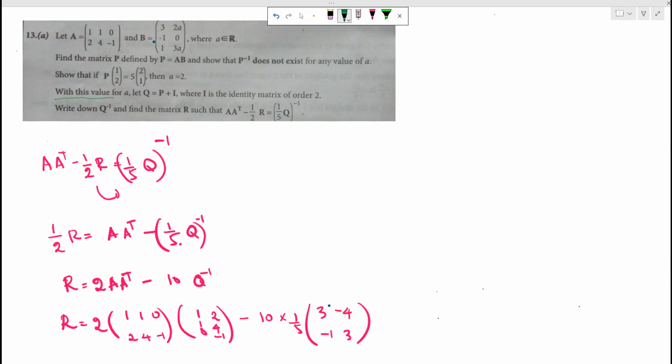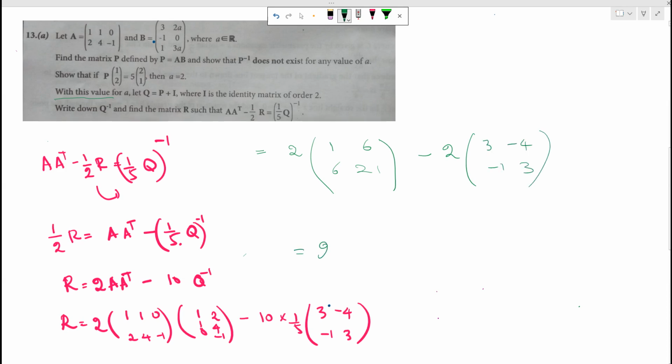So if you just simplify this, I will get 2 times, now 1 1 1, again 2 plus 4 6, again 6, again 4 plus 16, 21 21, minus 2 into 3 minus 4 minus 1 3.